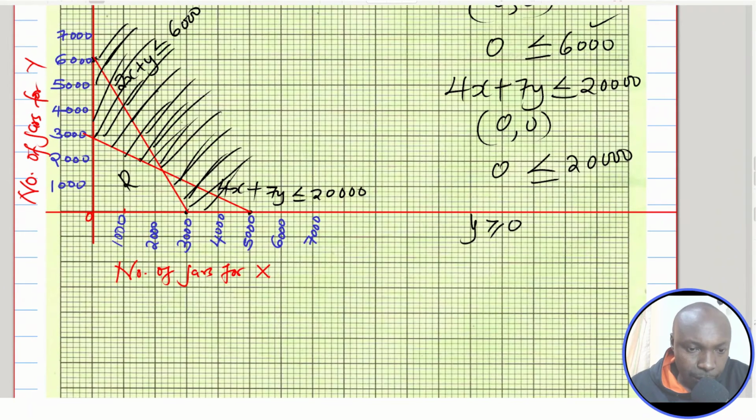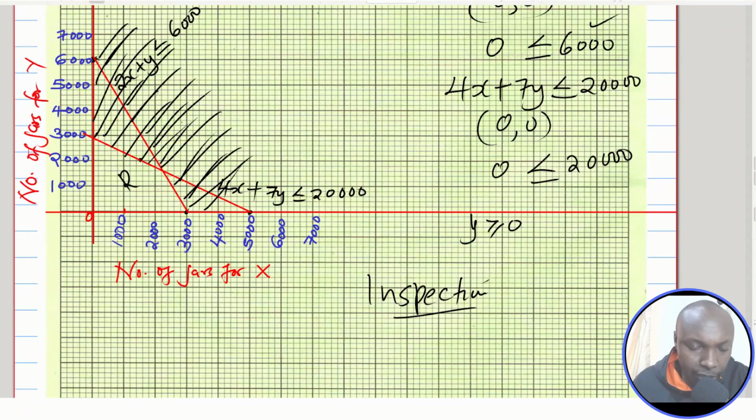To use the inspection method, you simply need to look at the required region and look at the points of intersection of those lines bordering that region.